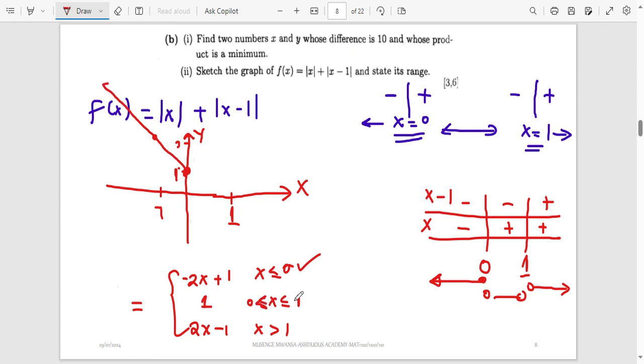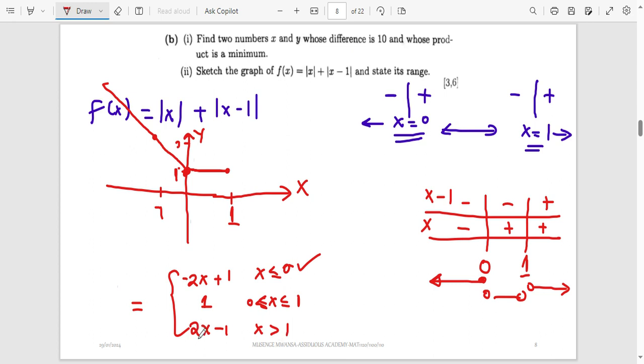Between 0 and 1, when x is 0, or when x is any number from 0 up to 1, the y value we are finding is 1. So as long as we are between 0 and 1, the y value is always 1. So we are getting a straight line here, like so. Greater than 1, we are using this function.